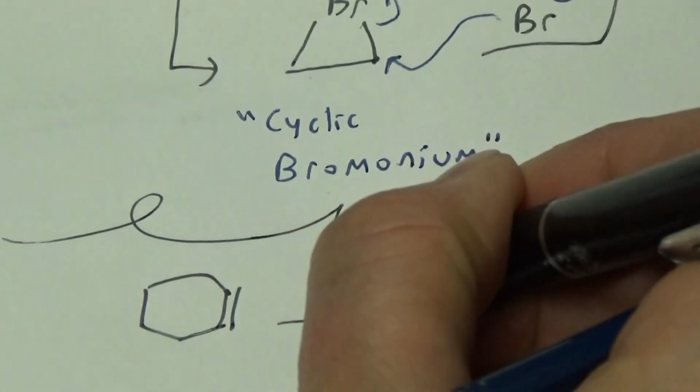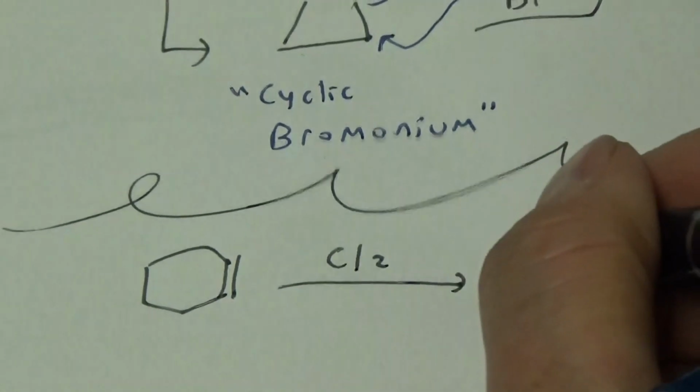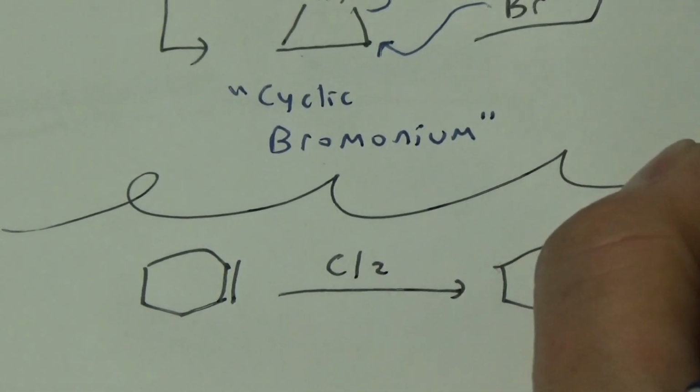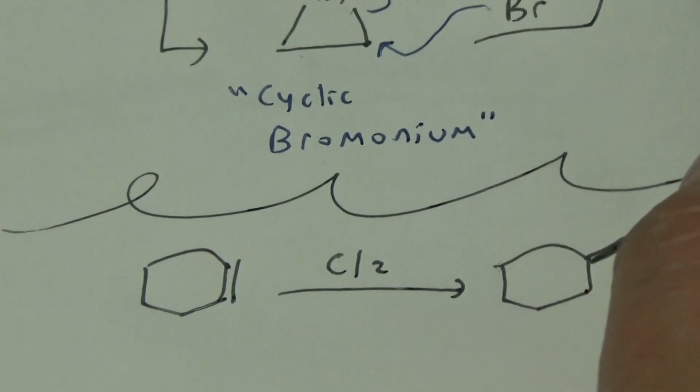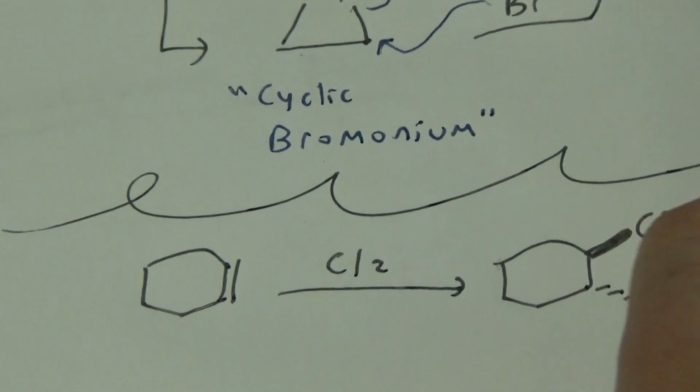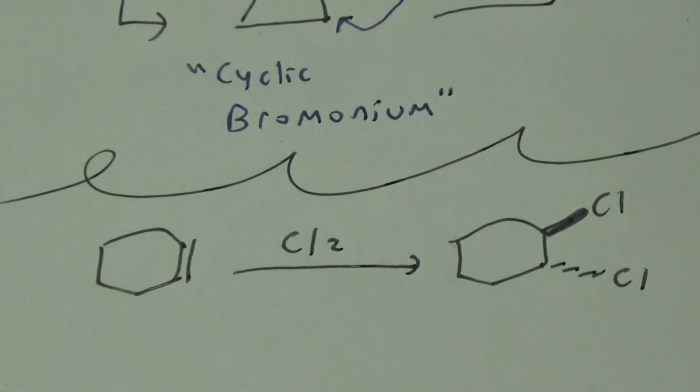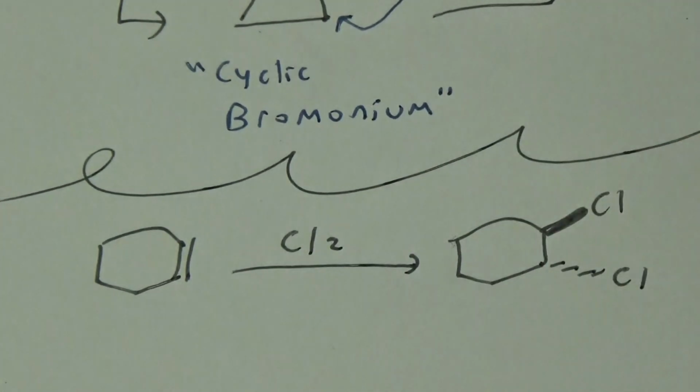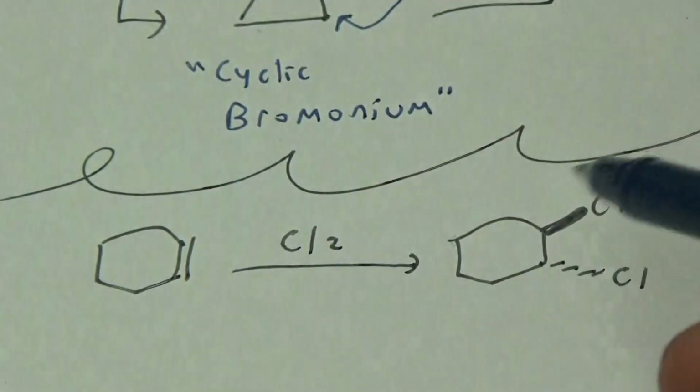We'll do Cl2 this time. What do we get out? Maybe the anti-addition, which will put one chlorine one direction, one chlorine the other direction. Alright, what's the mechanism?